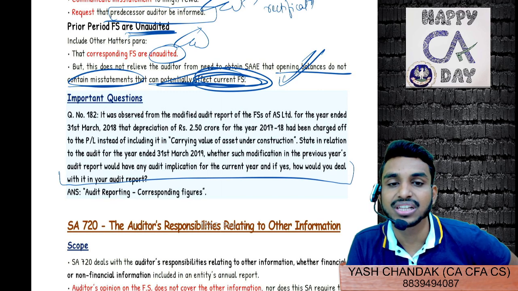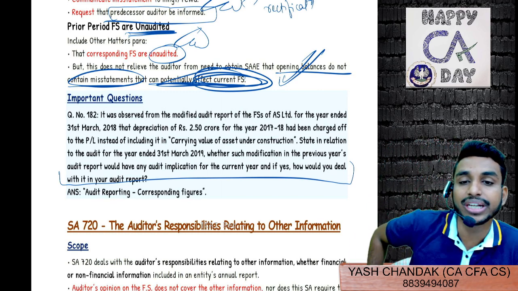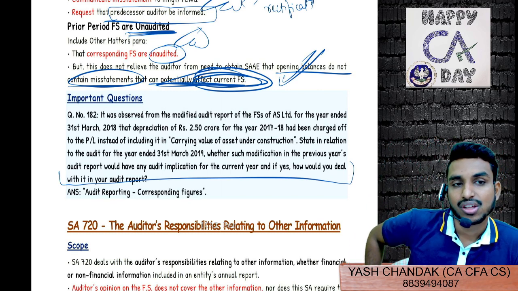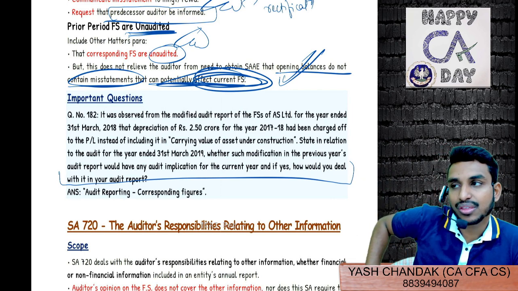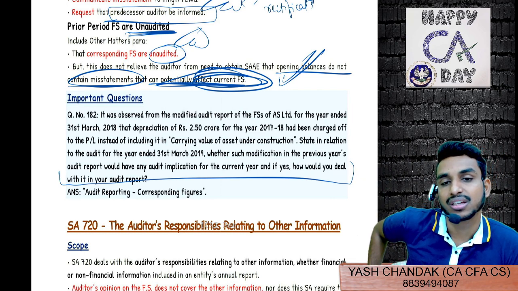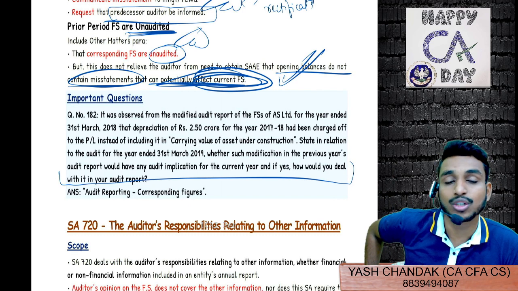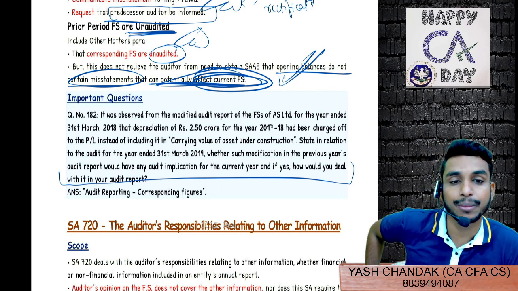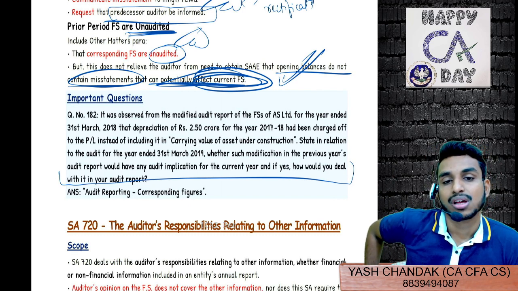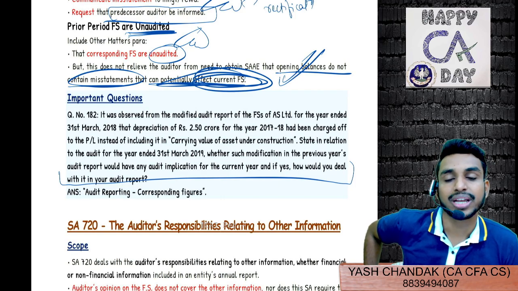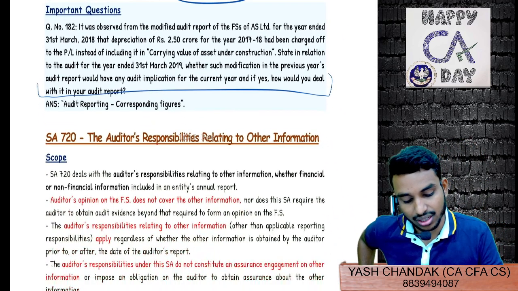So, yes, you will write that it will have an audit implication for the current year, since the asset under construction closing balance will flow as the opening balance, right? That is the same answer.